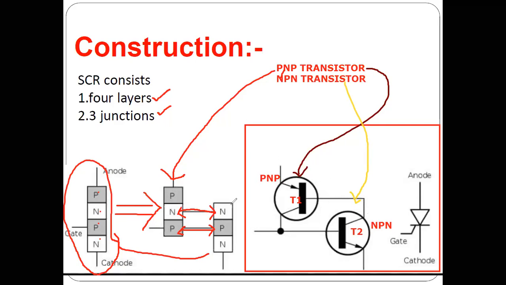In this two transistor model, let us name the pins. Looking at the symbols of the NPN and PNP transistors, for the first transistor this is pin number 1, this is pin number 2, and this is pin number 3.